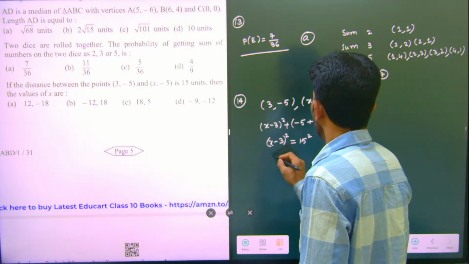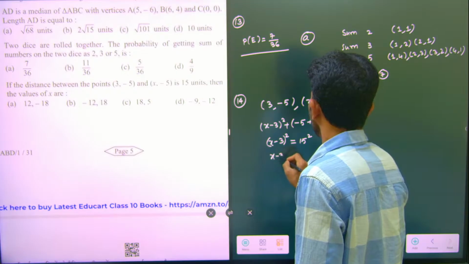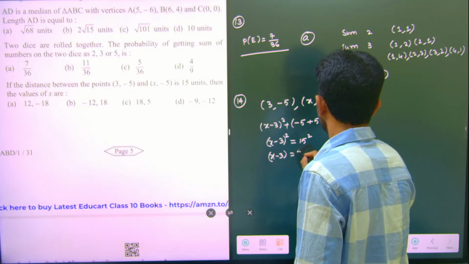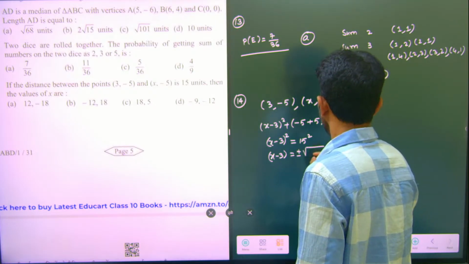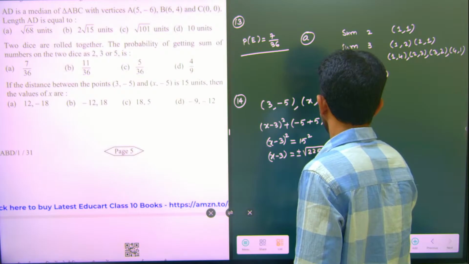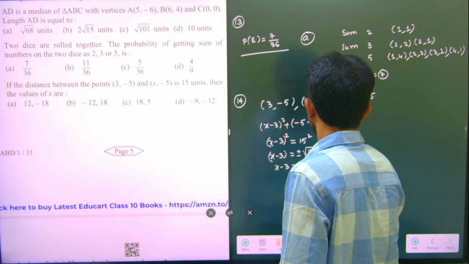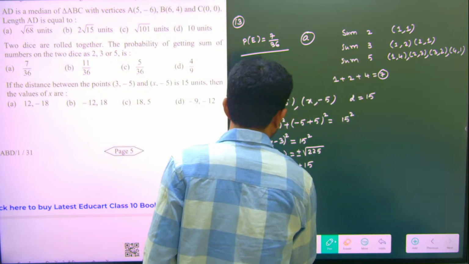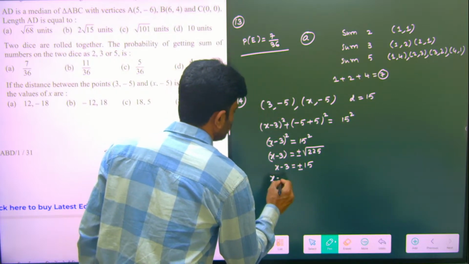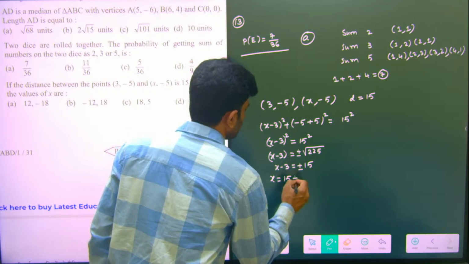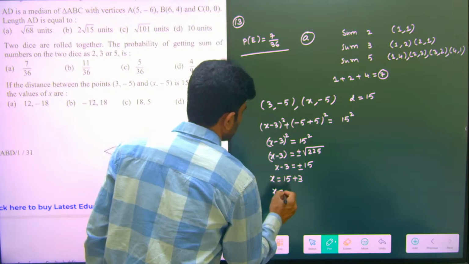Now x minus 3 is equal to plus or minus root of 225, that is x minus 3 is equal to plus or minus 15. So here one time x minus 3 is equal to plus 15; if you send minus 3 to that side, plus 3, x is equal to 18.